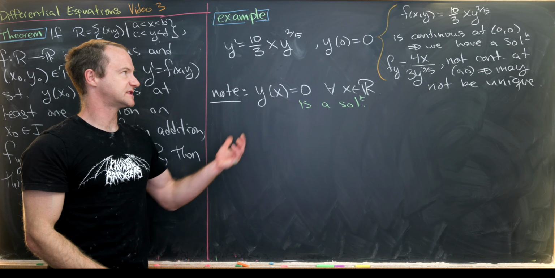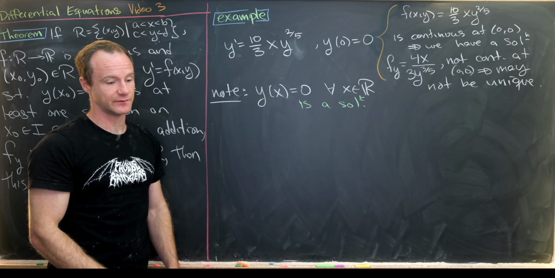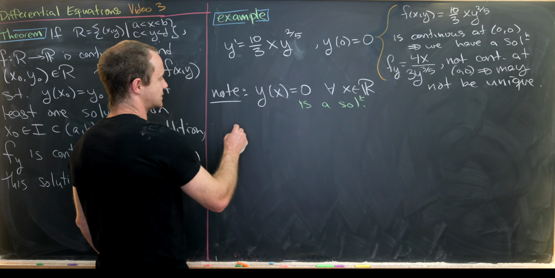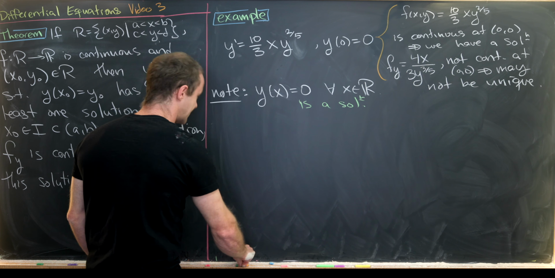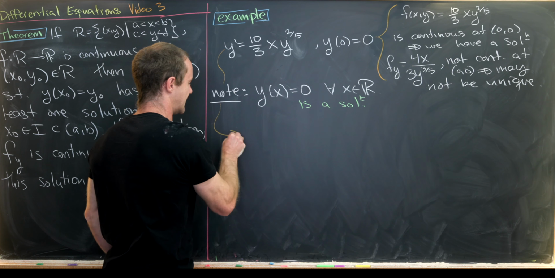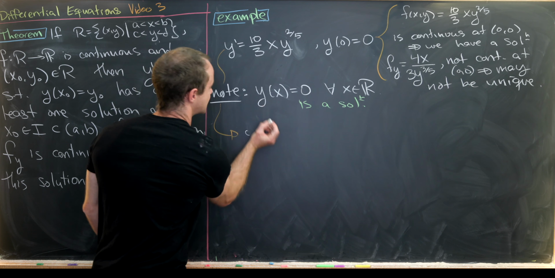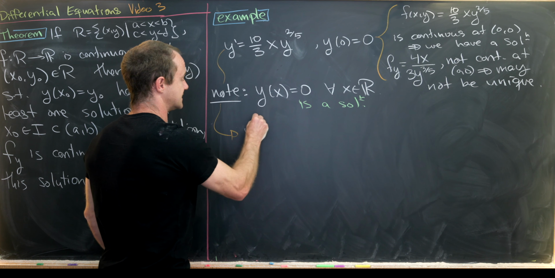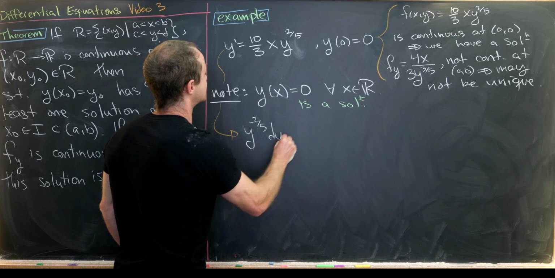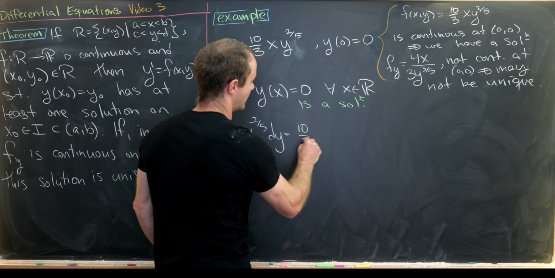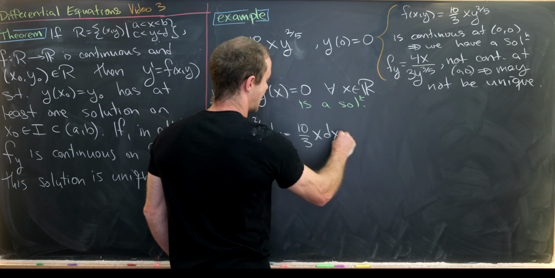Okay, so let's maybe use separation of variables to see if we can find another solution. So notice that doing our standard separation of variables strategy here, we would get something like dy times y to the minus 2/5 equals 10/3 x dx.